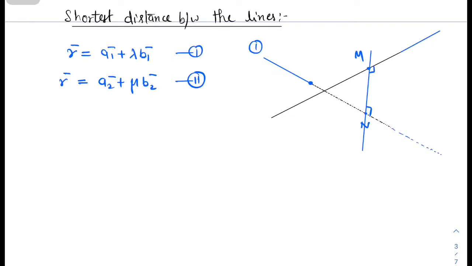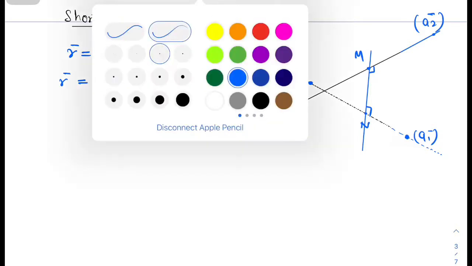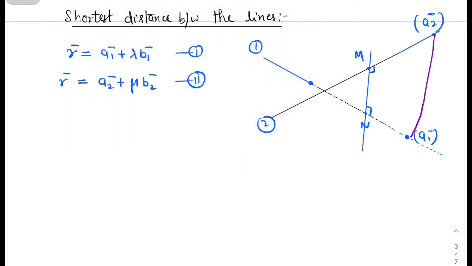Let me extend these lines. Let's say this is line 1, and on line 1 we have a point a1, on line 2 we have a point a2. Okay, if I join these two points, we will get what, a vector say a2 minus a1. We can also consider it to be a1 minus a2, there will be no difference.